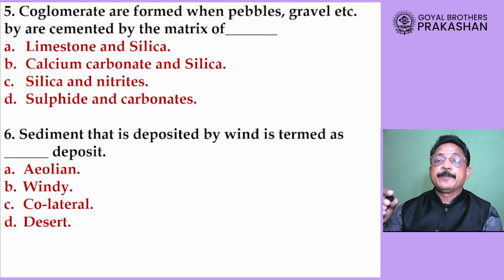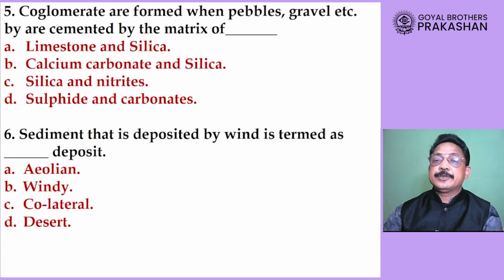Question 5, conglomerate are formed when pebbles, gravel, etc. are joined by the cementation process. Okay, they get cemented actually by the matrix of what? By the combination of what? Limestone and silica, calcium carbonate and silica, silica and nitrites, or sulphide and carbonates.